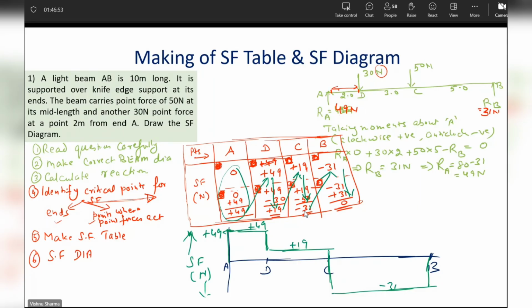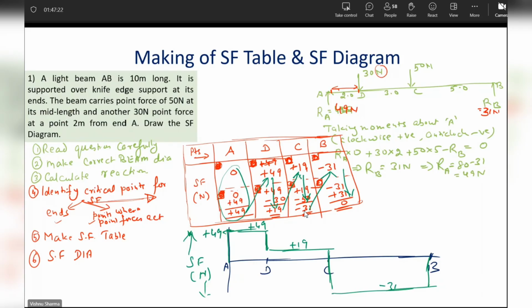That is why my focus today is going to be primarily on the SF diagram. Maybe in the end, if time permits, I'll try to introduce BM, but no problem even if it spills over to tomorrow. But if the SF diagram is not correctly drawn, it will have severe repercussions on your question, because BM is bound to be wrong.